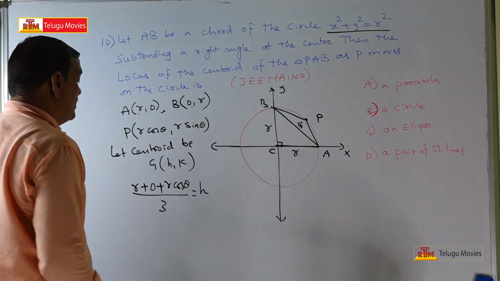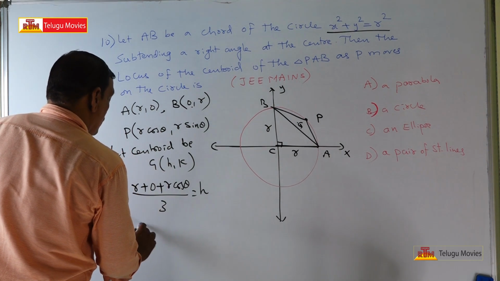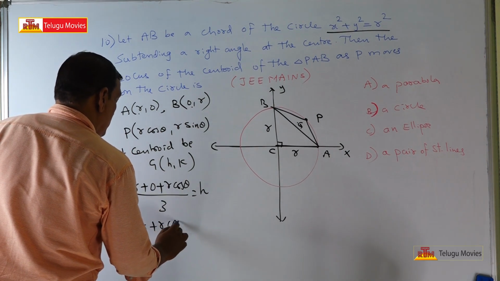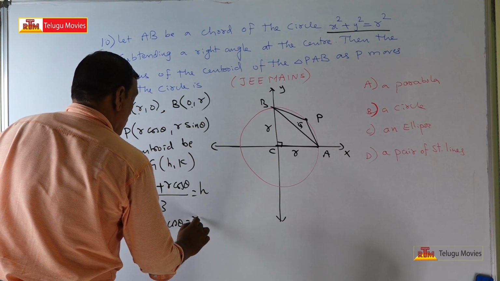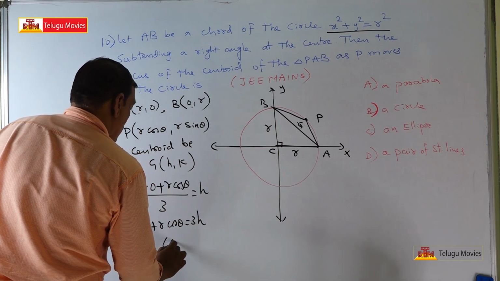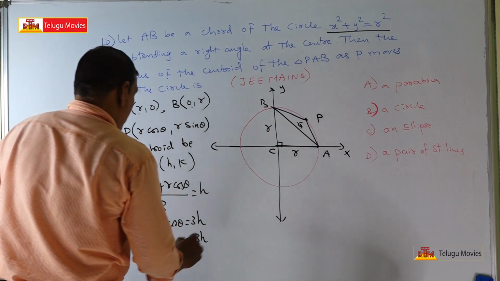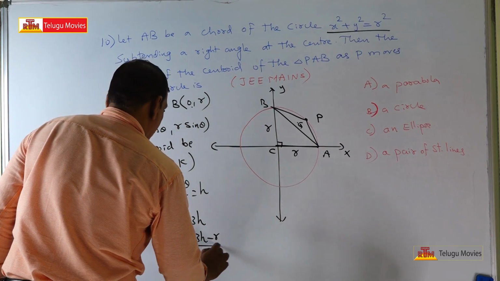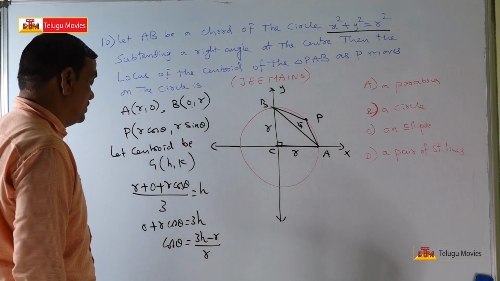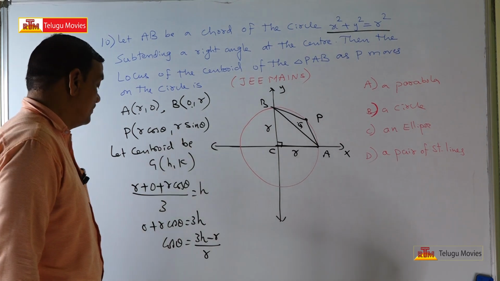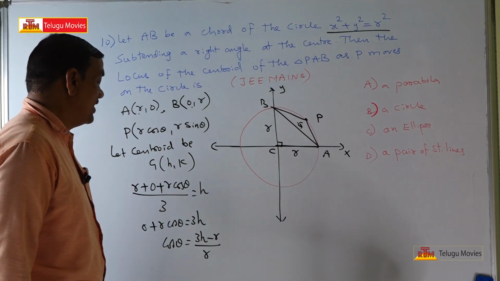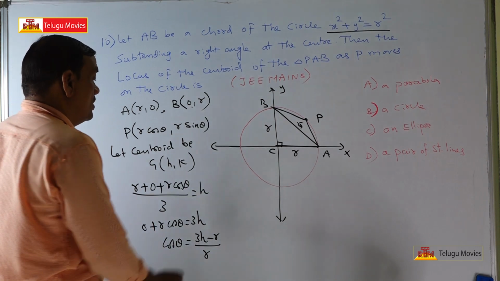From this, r plus r cos theta is equal to 3h, so cos theta is equal to (3h minus r) by r.